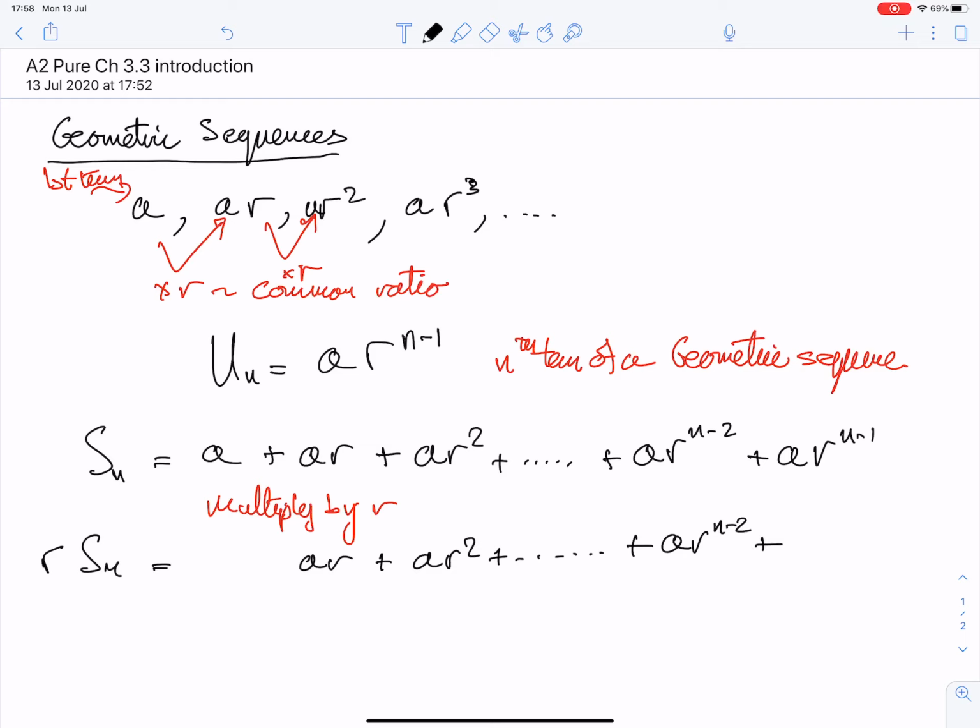If we multiply AR to the n minus 2 by r, we get AR to the n minus 1, and our last term will be AR to the n.